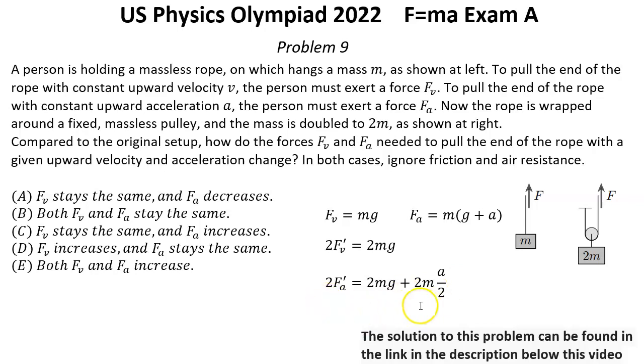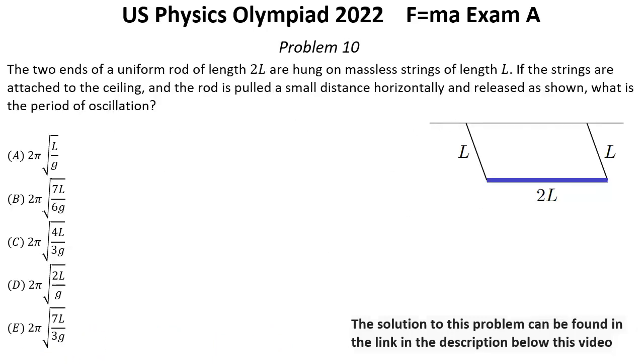From here we can find that Fv prime equals mg, which is equal to the original force Fv, and Fa prime equals m multiplied by g plus a over 2, which is less than the original Fa. So the correct answer is A, and that was the solution for problem number 9.